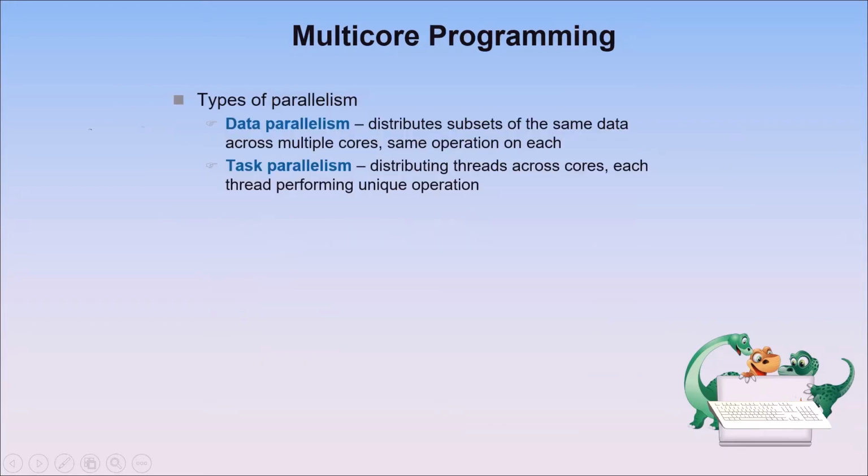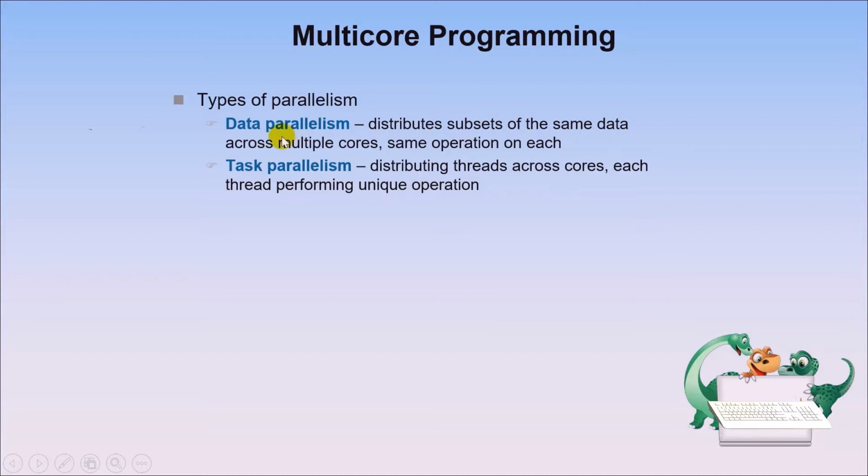Next would be the types of parallelism. In theory, there are two different ways to parallelize the workload: data parallelism and task parallelism. Data parallelism divides the data up amongst multiple cores or threads and performs the same task on each subset of the data.